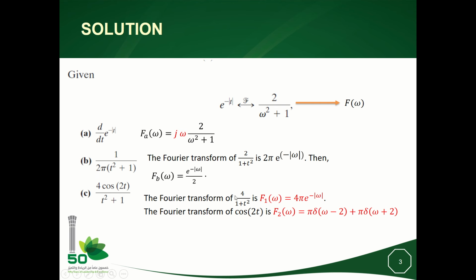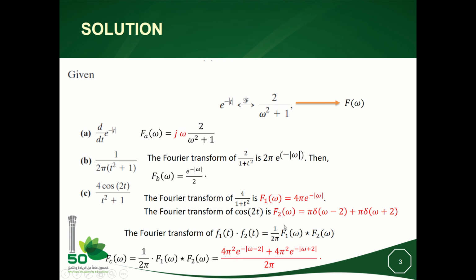So now what you are seeing in red is the Fourier transform of this function, and F2 of omega, which is composed by two terms here, is the Fourier transform of cos of 2t. Now, I will apply the Fourier transform property of the products. The Fourier transform of f1 times f2, I'm sorry, this is not equality, will be 1 over 2 pi F1 of omega convolution F2 of omega.